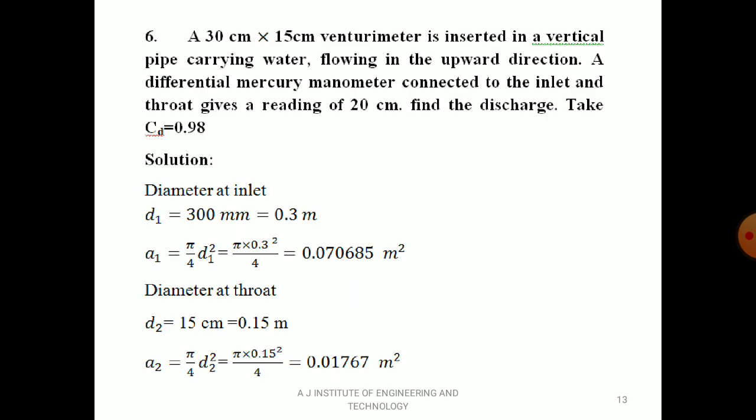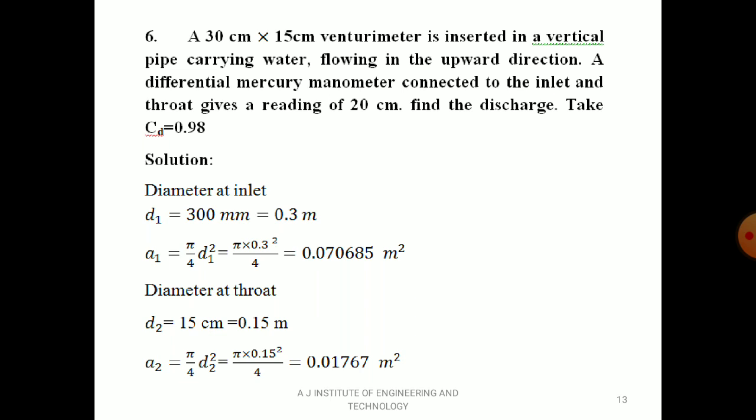Sixth problem. A 30 centimeter into 15 centimeter venturi meter is inserted in a vertical pipe carrying water flowing in the upward direction. A differential mercury manometer connected to the inlet and throat gives a reading of 20 centimeter. Find the discharge. Take CD equal to 0.98.